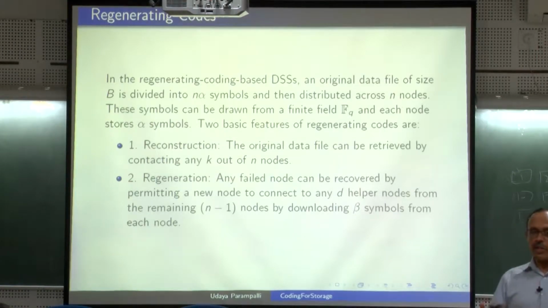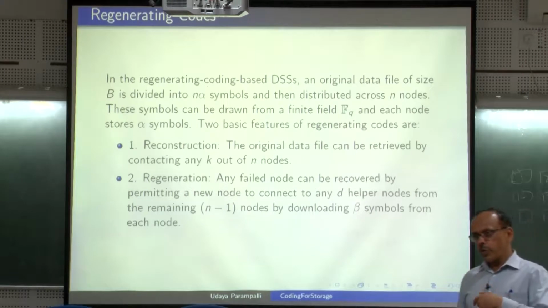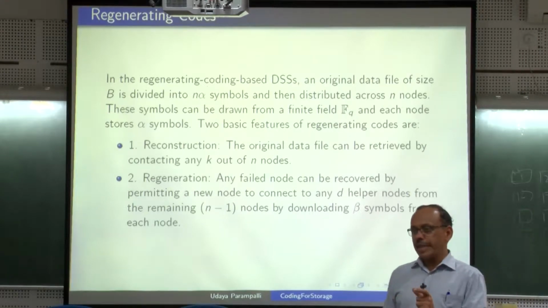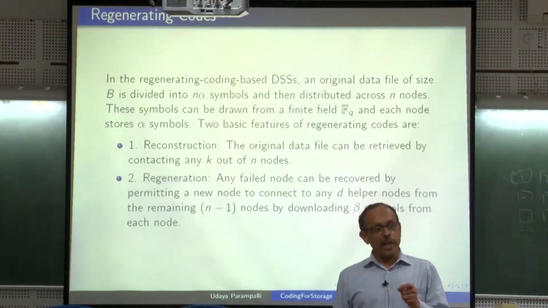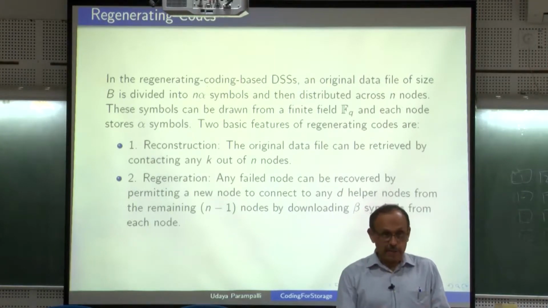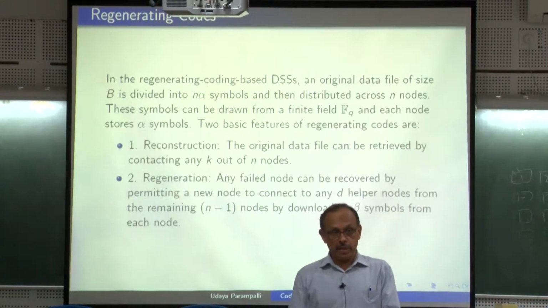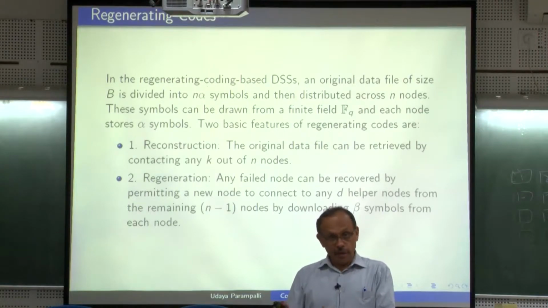As I mentioned in the first lecture itself, as you go through this you will start seeing the interplay between the various parameters that we use to define a code. Initially in coding theory, we say you have the length of the code, the information symbols, the dimension of the code, and then the minimum distance.